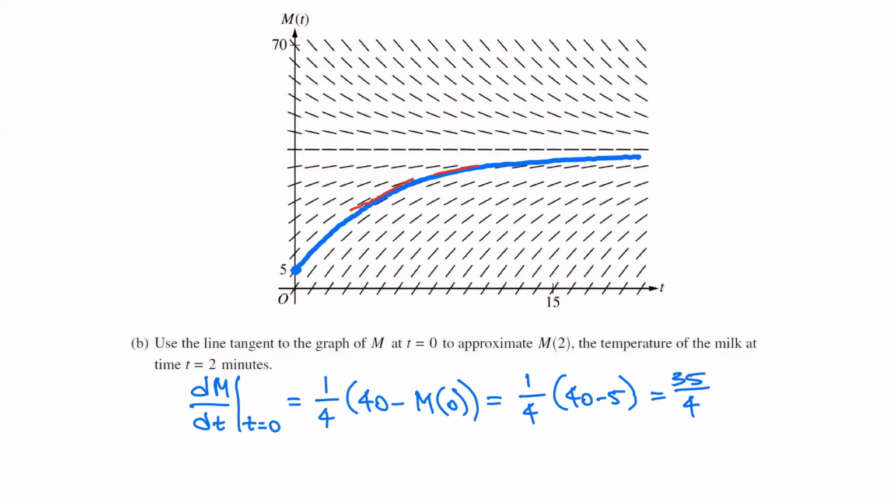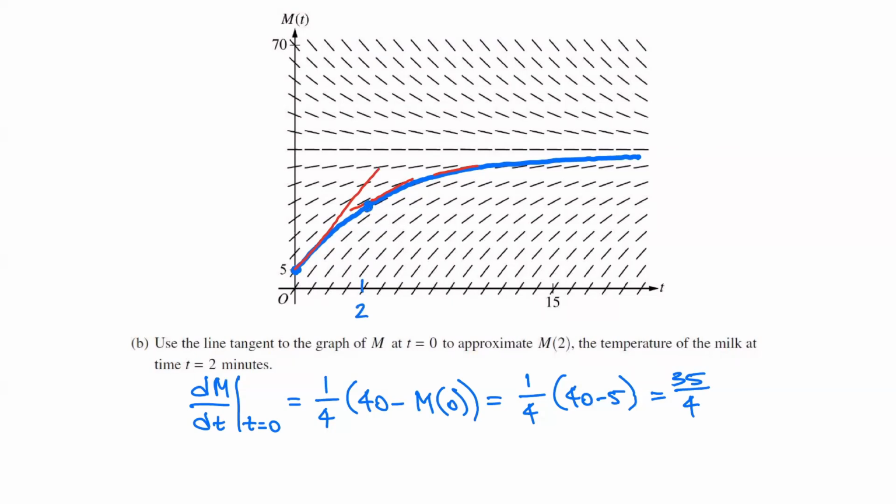Note what we are calculating here. Using the derivative at point 0, we are approximating the value at time t = 2 minutes.